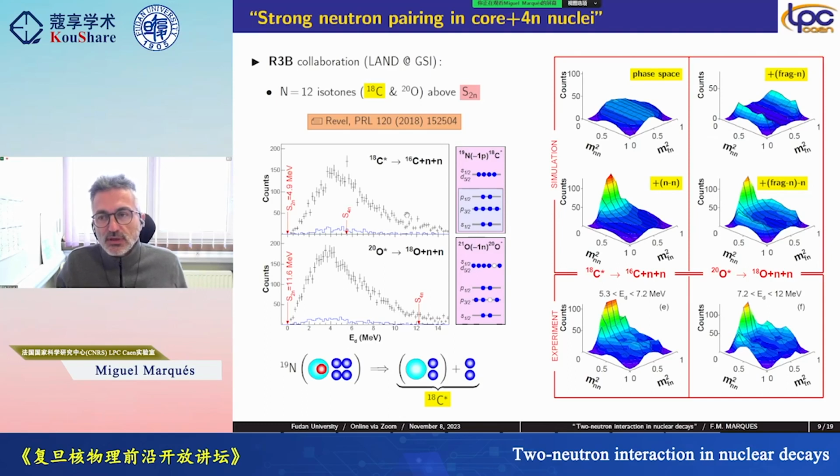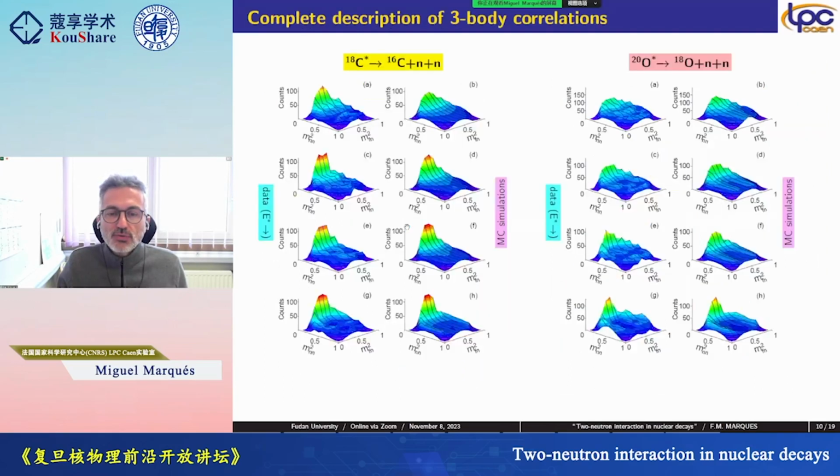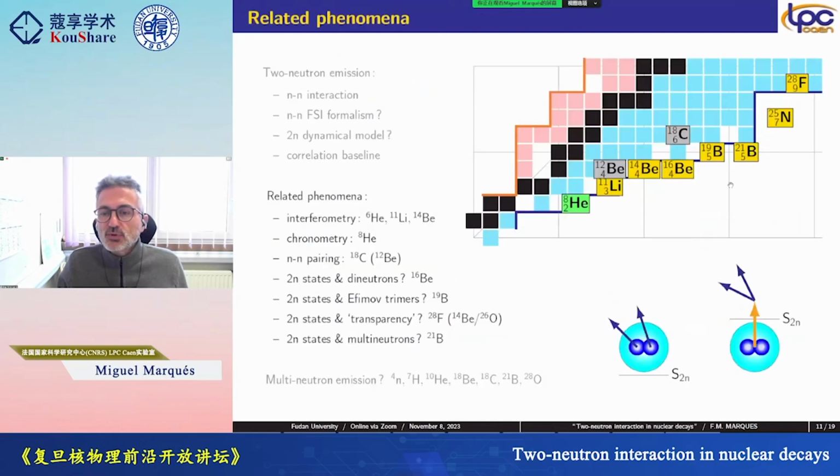So if you go to the drip line, experimentally, there is the problem of beam intensity. When you go to the drip line, the beam intensities are lower. So the statistics will be lower, but you are probing the emission of ground state resonances, for example.